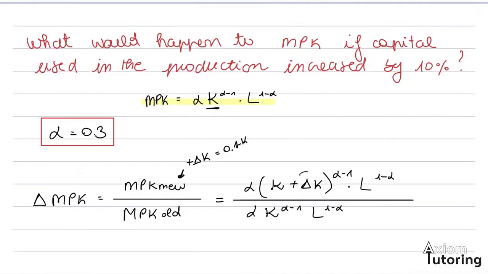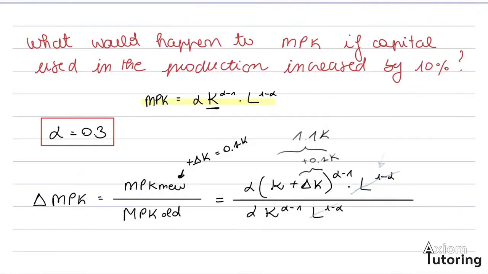Well, so we know that this is plus 0.1k. So k plus 0.1k is going to give us 1.1k. And also we can simplify away L.